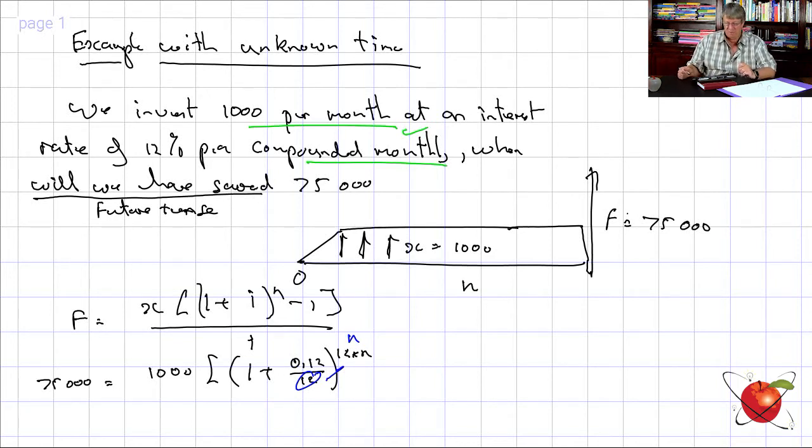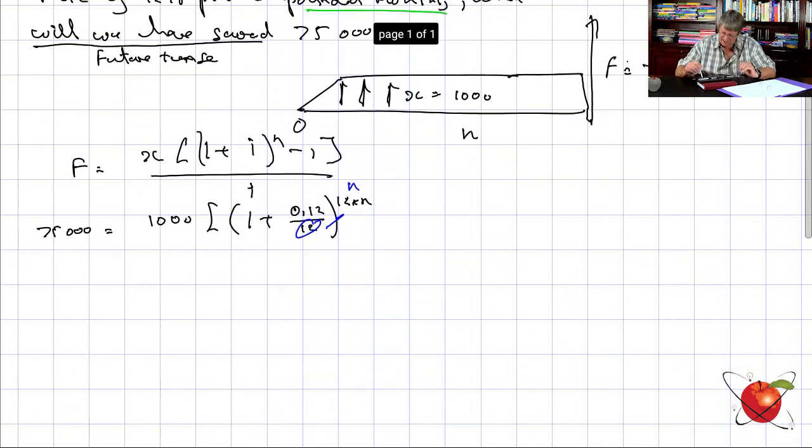But remember, the n could be number of months. I am now saying that that's going to be in years. Doesn't matter. Let's just go ahead with it and see what happens.